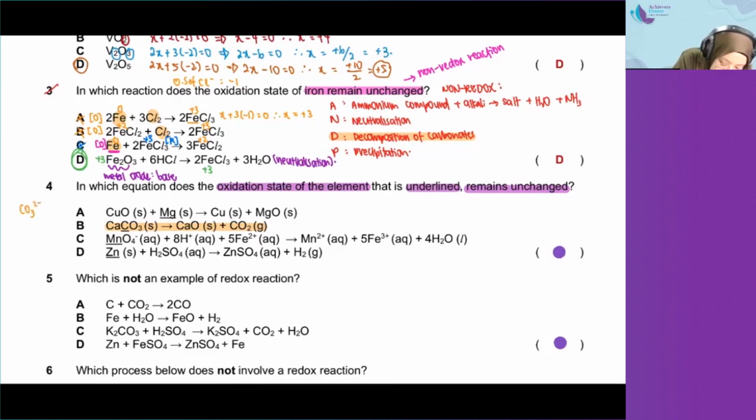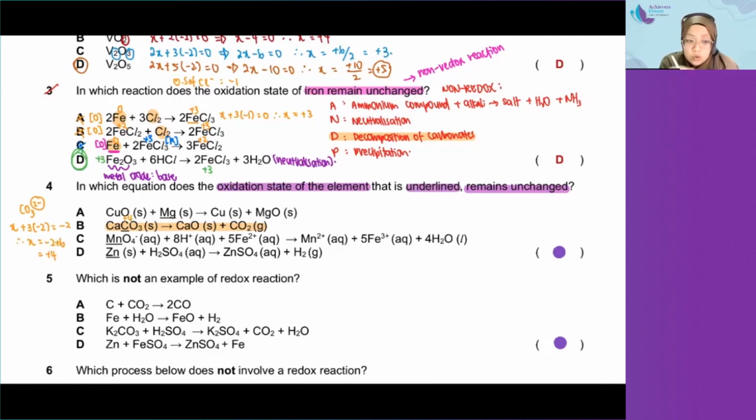Let the oxidation state of carbon in carbonate ion be X. So X plus 3 times the oxidation state of oxygen, which in most compounds or ions is -2, correct? And what is the overall charge of this ion?